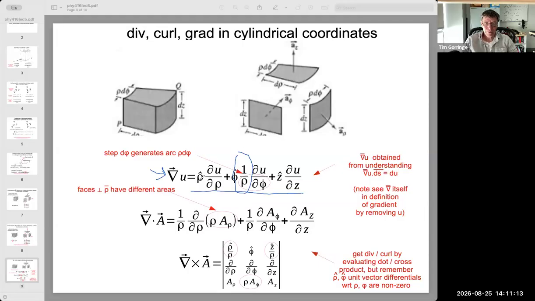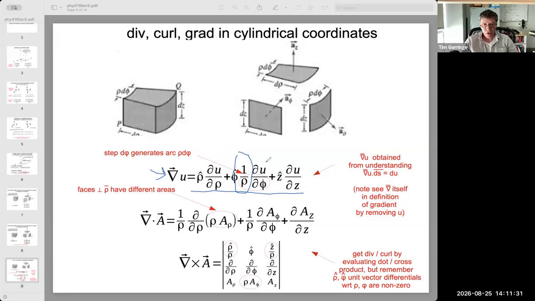We've got a term of the gradient that's in the rho direction, where the partial differential of u is just with respect to rho. We've got a term in the z direction for the gradient in the z direction, where the partial differential is just with respect to z.